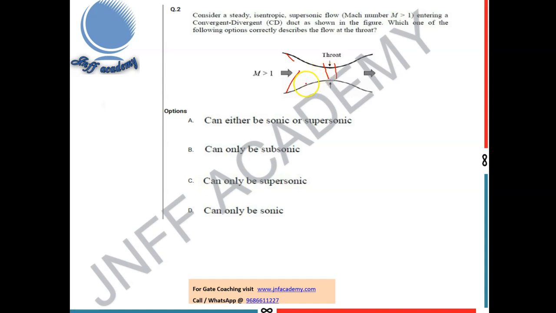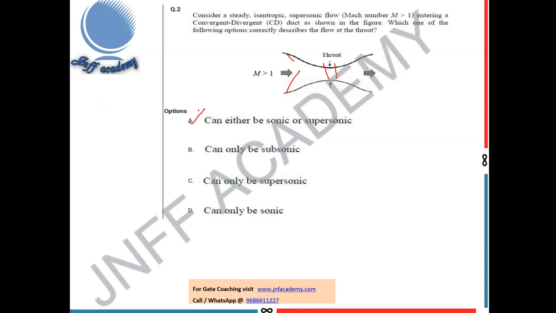The idea of the throat is that it should have sonic flow, which it achieves through shock waves, either in the form of oblique shock or normal shock. So by the time it reaches, it can be supersonic so that a normal shock can form and it becomes sonic, or with the oblique shock it can also be just sonic. So it can be either sonic or supersonic. So option A is the right answer.